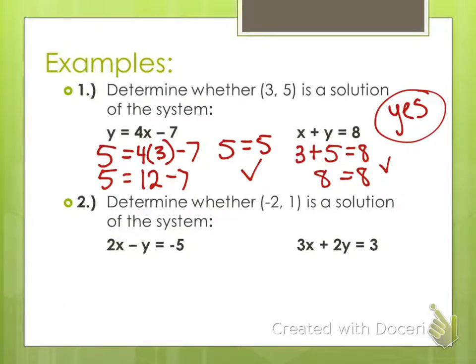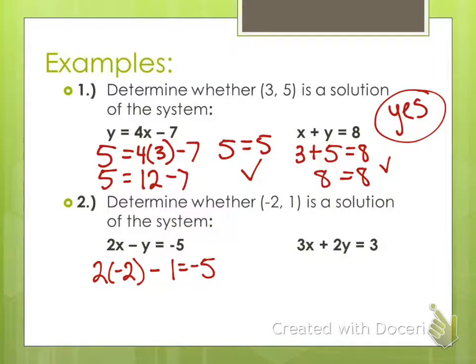All right, in order to do this, we are plugging what in for x? -2, and what's going in for y? 1. So when we rewrite this problem, we use parentheses to help us keep those separated from each other so we know that we're doing what operation? Multiplication.